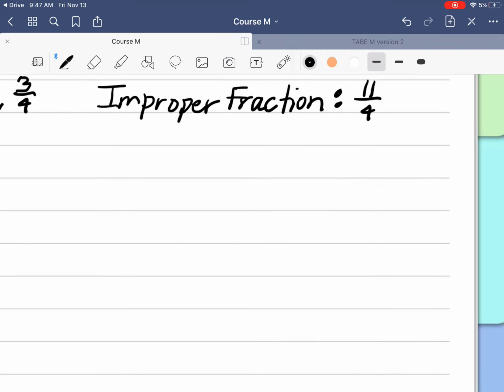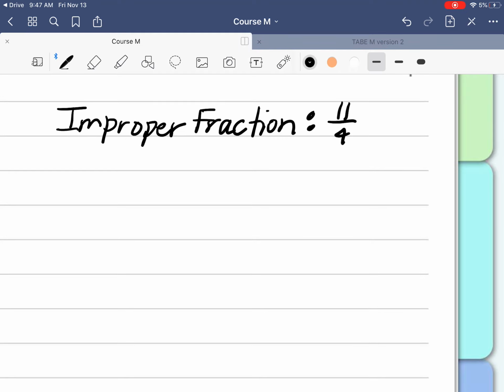Okay, so let's QRD the improper fraction and see what we have. So 11 fourths will become the division problem 11 divided by 4. 4 goes into 11 2 times. That's an 8. And we have 3 left over.